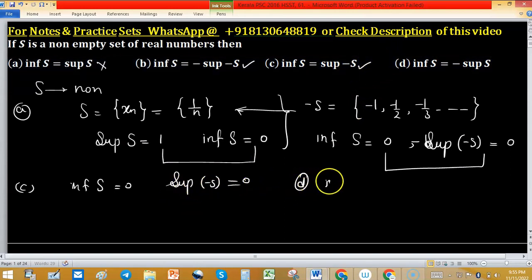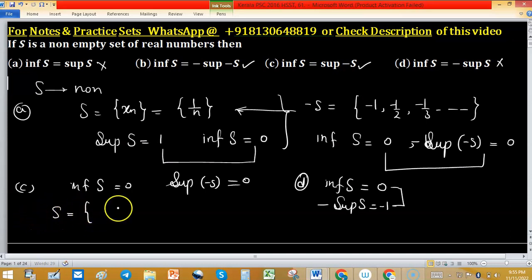For option D, the infimum of S is 0 and the supremum of S is 1. If I take the negative, then minus 1. Both are not the same. So option D has been discarded. Now we have to choose whether option B or option C is correct. For this, we consider set S as 1, 2, 3, 4.